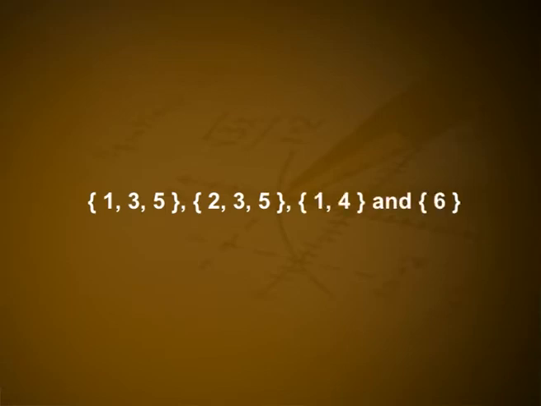These events are respectively the sets {1, 3, 5}, {2, 3, 5}, {1, 4} and the singleton set {6}. Their union is the sample space. The events of a prime number and perfect squares are mutually exclusive as there are no outcomes common in them. Events are actually sets, so all the set operations are applicable to them.